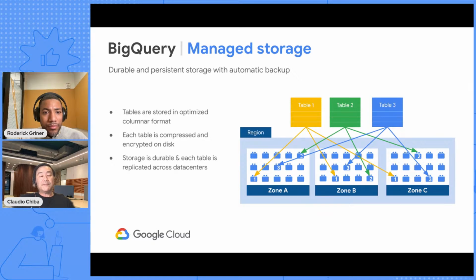This means that the data is saved in a bunch of different buildings that have different power, systems, and network. BQ stores data in a columnar format. This is very important: it is not like the traditional RDBMS that stores in a row approach. Internally, there's a proprietary format called Capacitor.